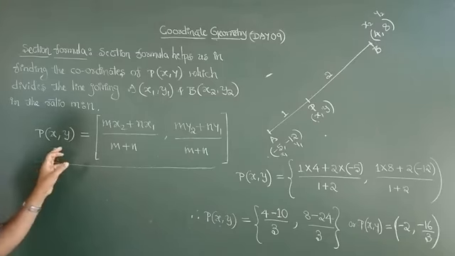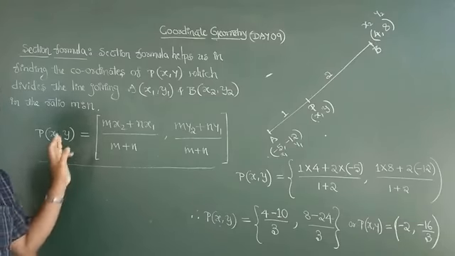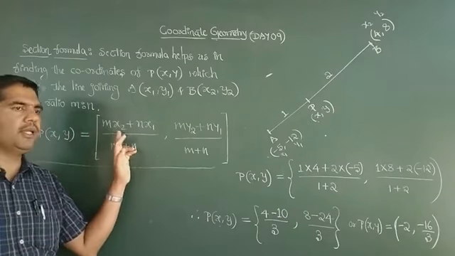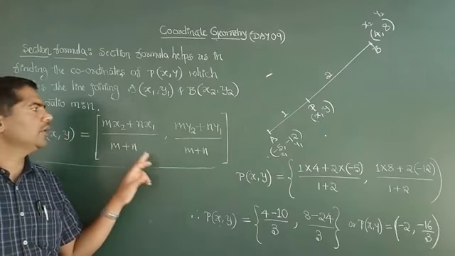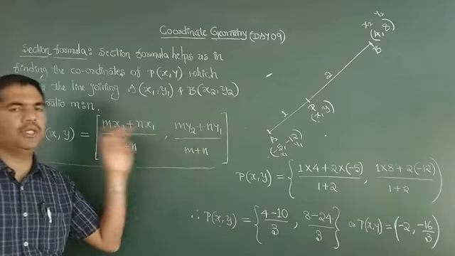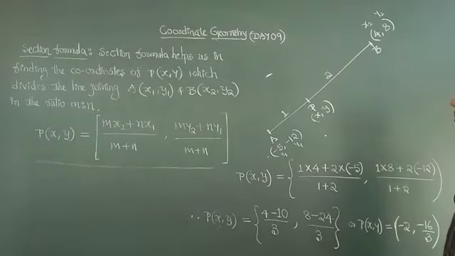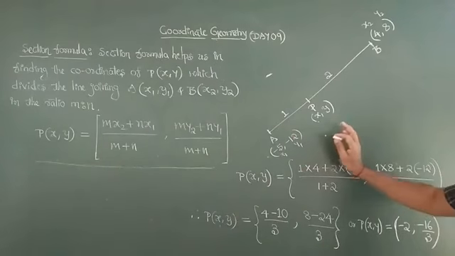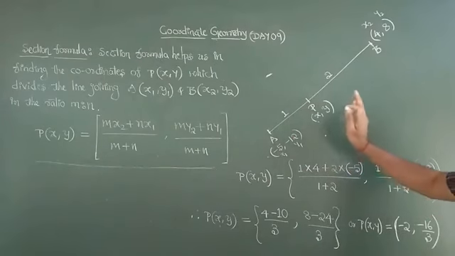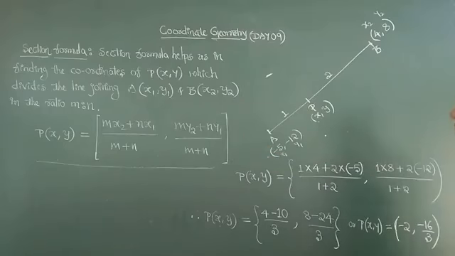Alternatively, if the coordinates of the line segment ends are also given, then you can also find the ratio in which this point is dividing the given line segment. First example, we are just trying to know how to find the coordinates.